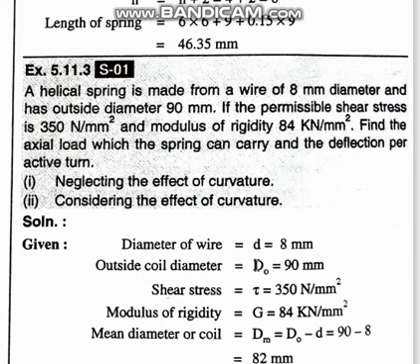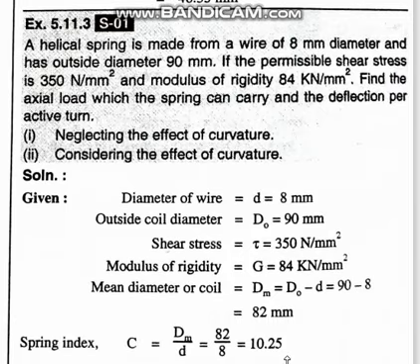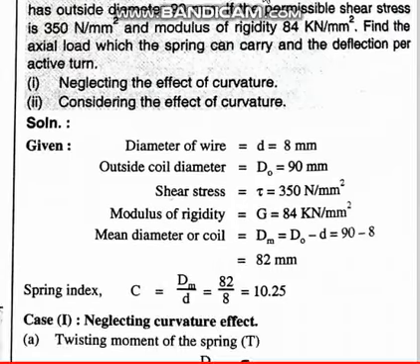Now what are given? Diameter is given, also diameter of the coil is given, shear stress is given, modulus of rigidity is given. Then mean diameter can be calculated as outside diameter minus wire diameter, which is 82. Now we have the spring index.